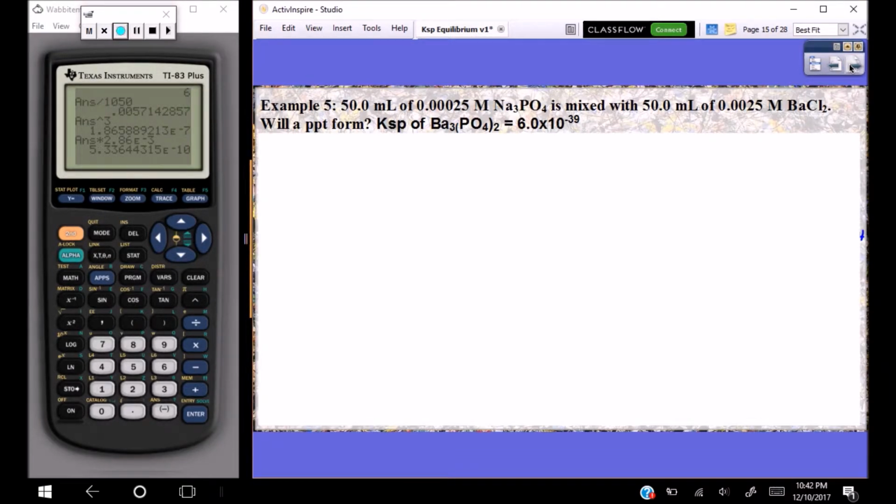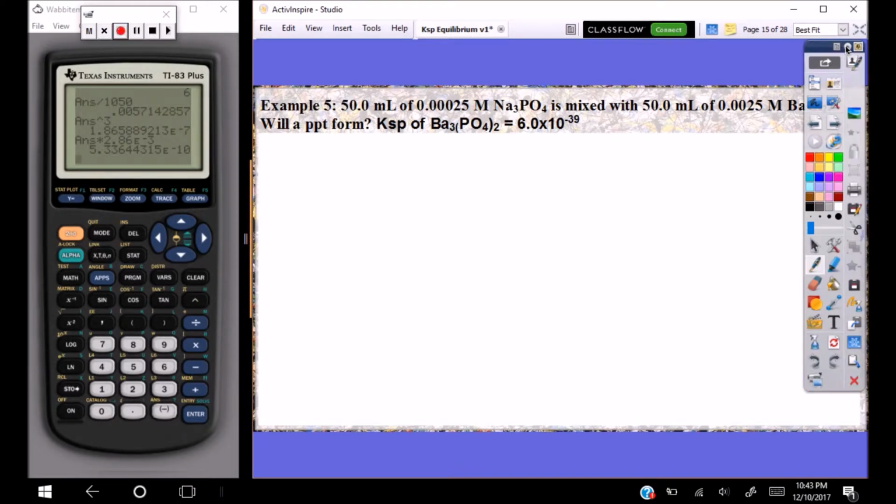So go ahead and do one on your own. Okay. So we had to set it up the same way. First things first, we want to look at whether or not barium phosphate forms. So if barium phosphate's forming, that means sodium is a spectator.